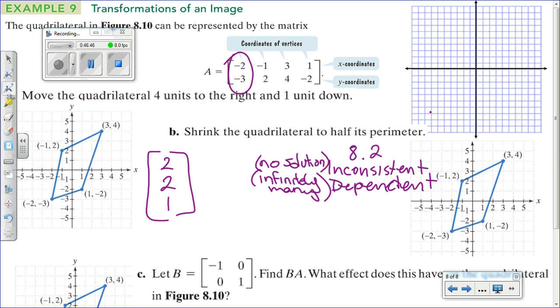Then if I have another vector that is, for example, 4, 4, 2, and then let's say I want another one that is 1, 1, 1/2. And I put them in a system, what do you guys think I will get? Would I get a solution? Would I get one solution, infinitely many solutions?